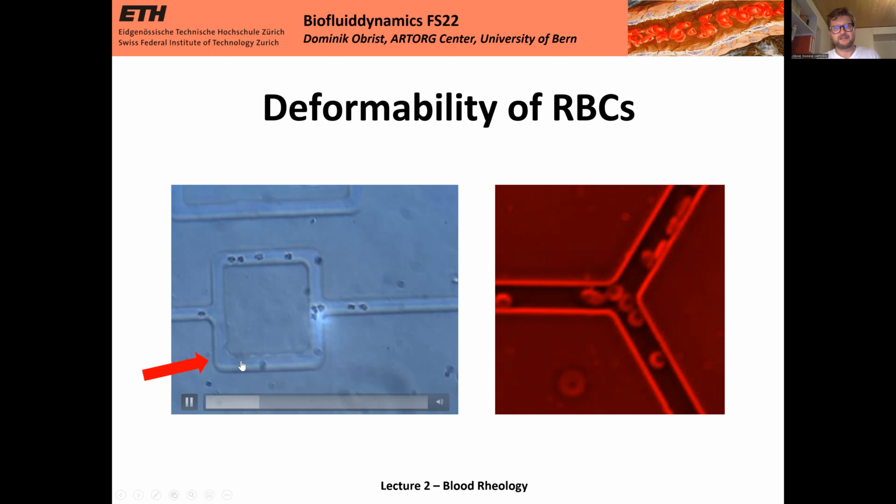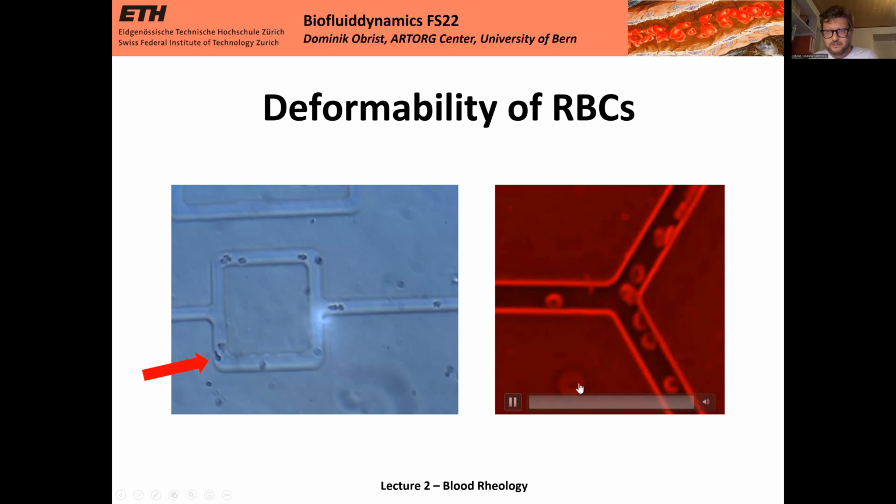One of the reasons I wanted to show this movie as well is that this chip had a little fault. It was not manufactured right, so it had a little obstruction here. We didn't plan for that, but it turned out to be an interesting case, and you can see how the red blood cells are squeezing through this narrowed area.